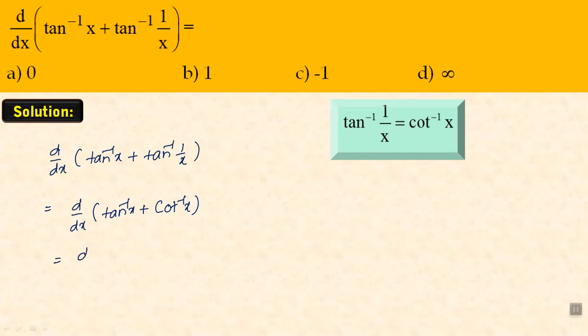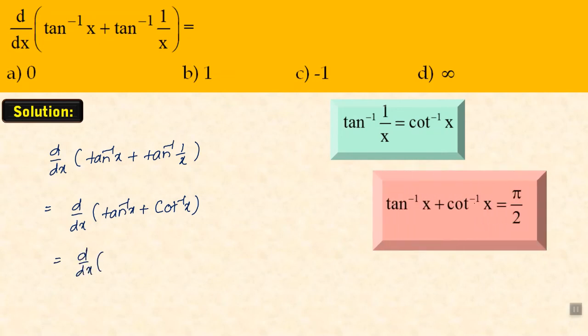This is equals to d by dx of pi by 2. Here pi by 2 is a constant, and d by dx of a constant is equals to 0. Therefore, the answer is option A.